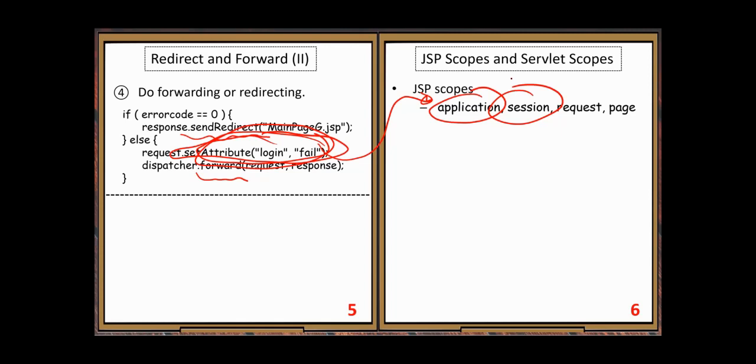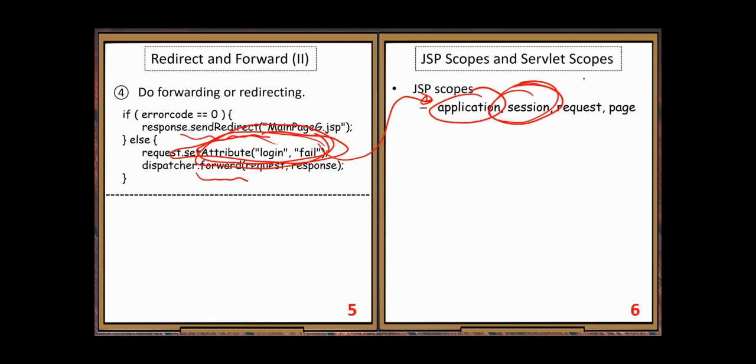So we want to keep our data for some time. That's the session. Session is smaller than the application, because a session can expire. After some time the session expires, and the data is gone.